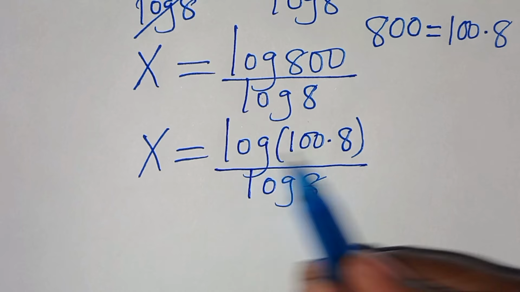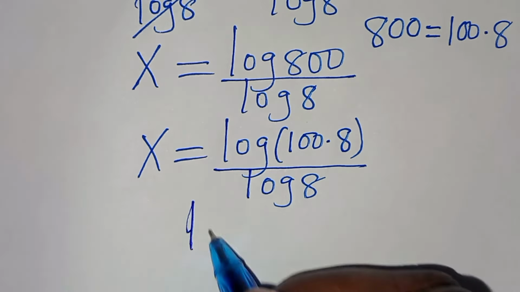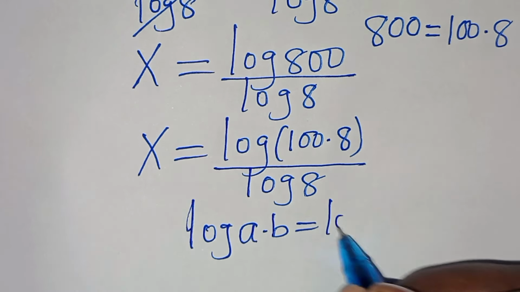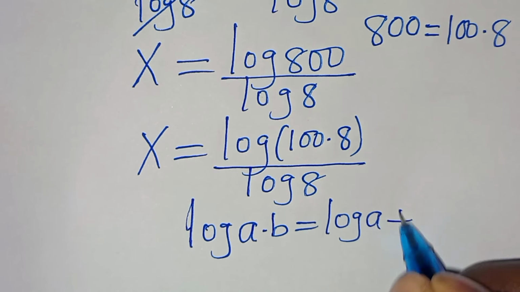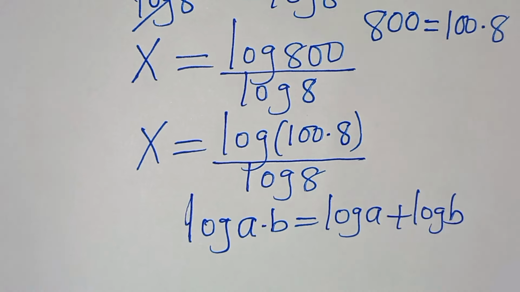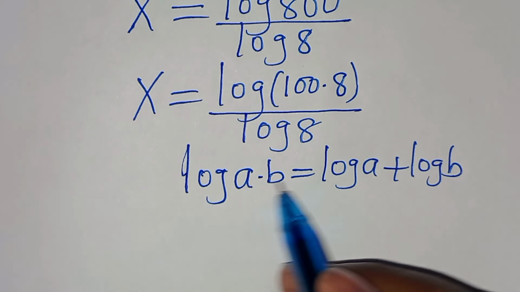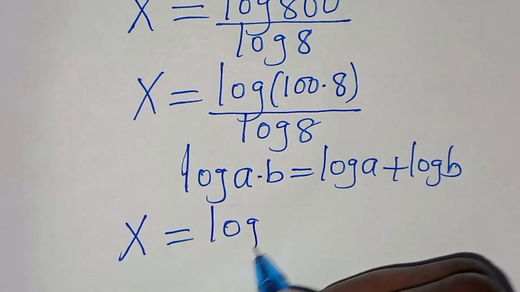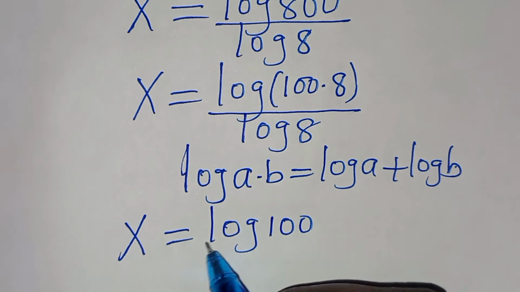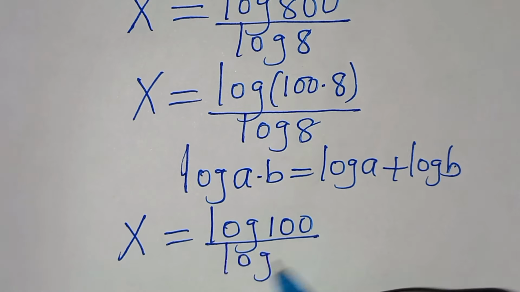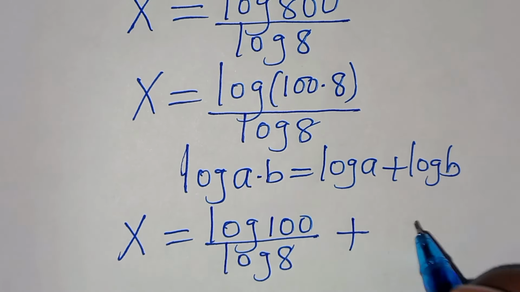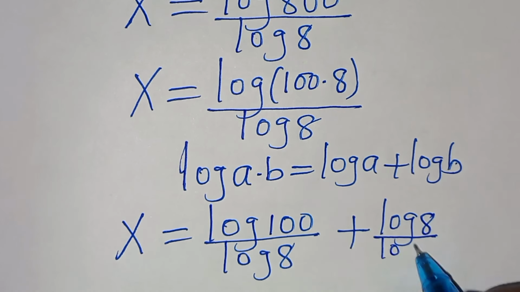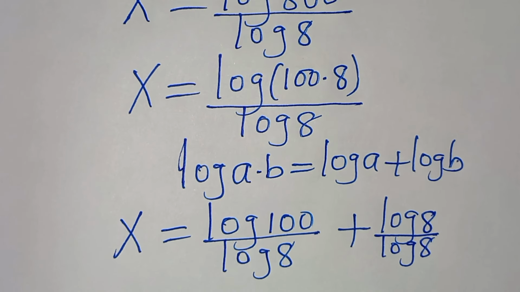Now log 100 times 8 is in the form of log a multiplied by b, which we can express as log a plus log b. Applying this logarithm property, then we have x is equal to log 100 divided by log 8, then plus log 8 divided by log 8.